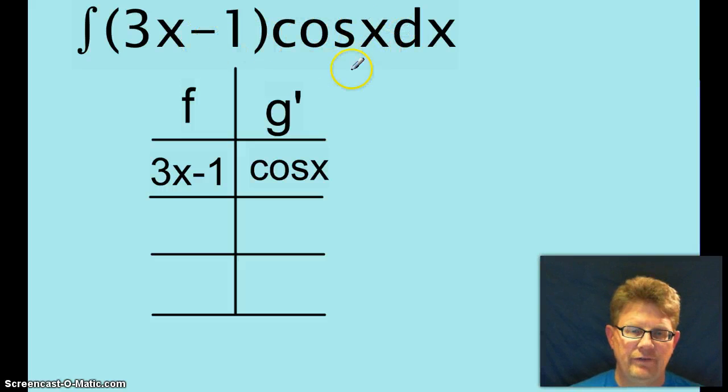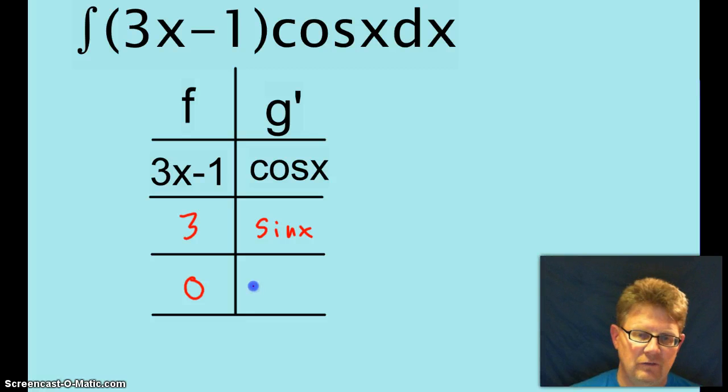3x minus 1 cosine of x. The derivative of 3x minus 1 is 3. The derivative of 3 is 0. The antiderivative of cosine is sine x. And the antiderivative of sine x is negative cosine x. And we're going to go plus, minus, plus. Then we're going to go down diagonal.